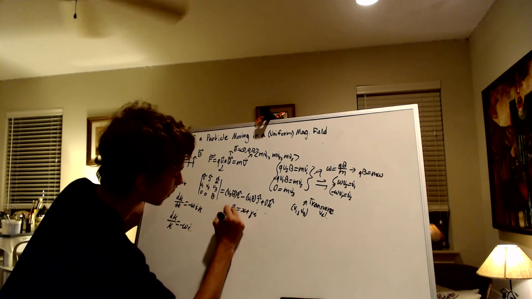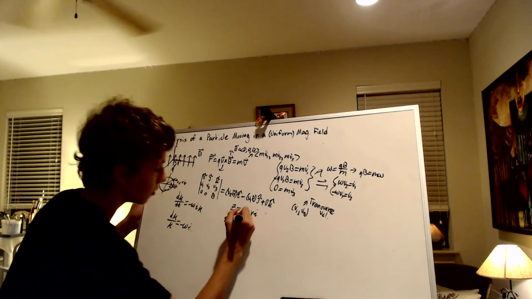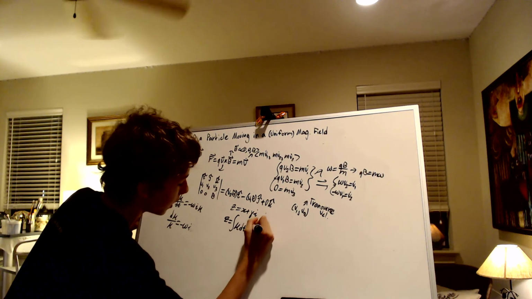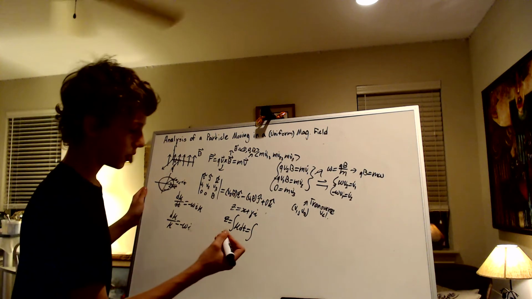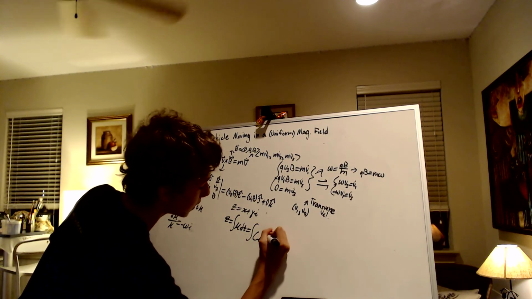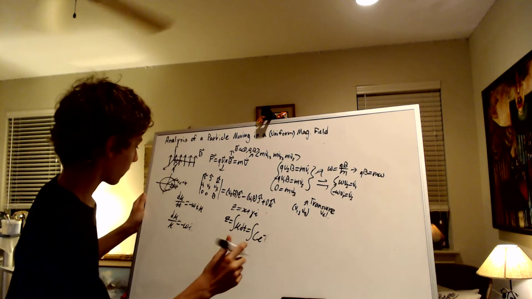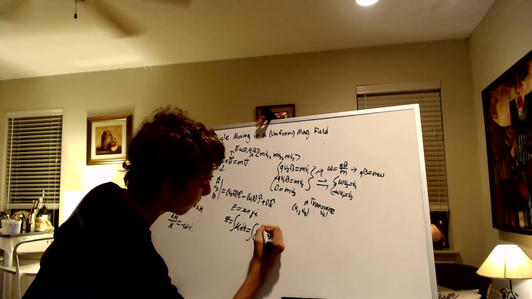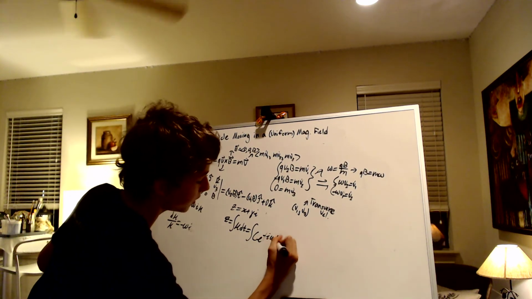Then it's pretty trivial to see that it's just going to be the integral of eta dt. And our eta, I erased it for some reason, but our eta was c times e to the minus iwt, dt.